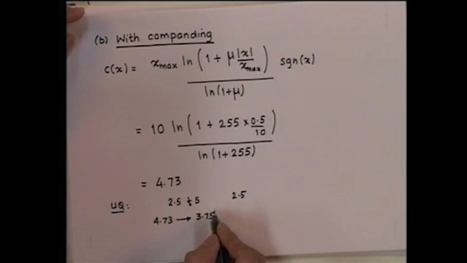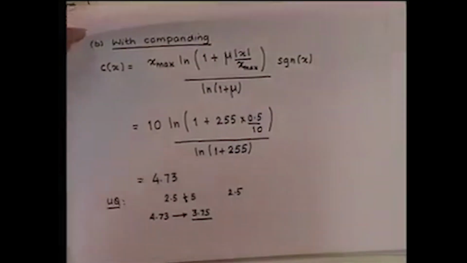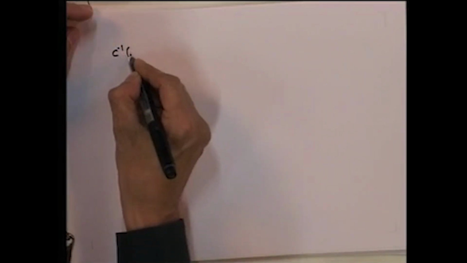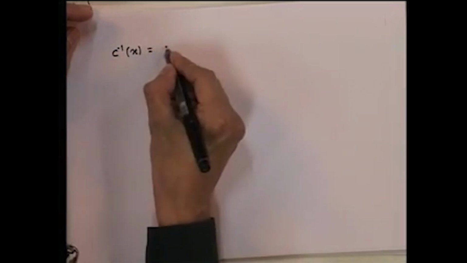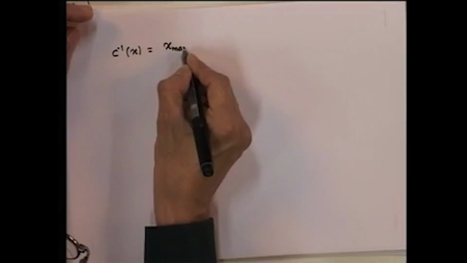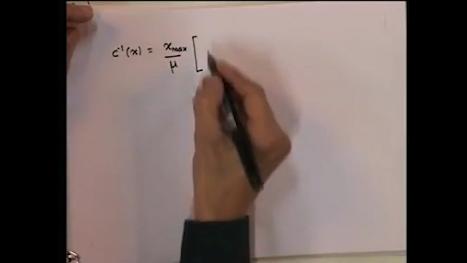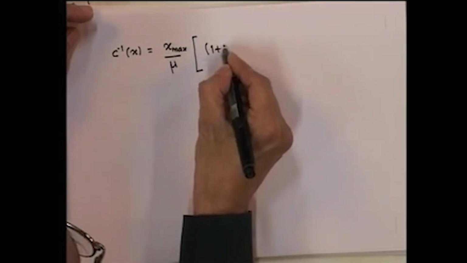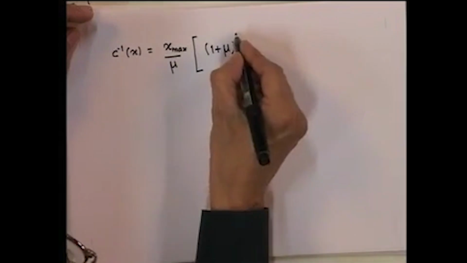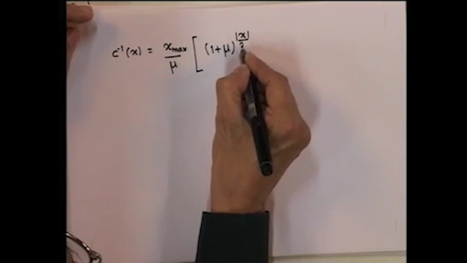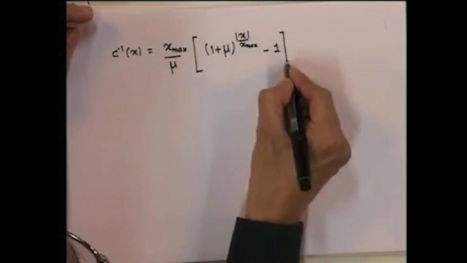And the final step is to take this 3.75 and pass it through the expander characteristic, which is given as C inverse of y is equal to x max by mu times 1 plus mu raised to mod y by x max minus 1.